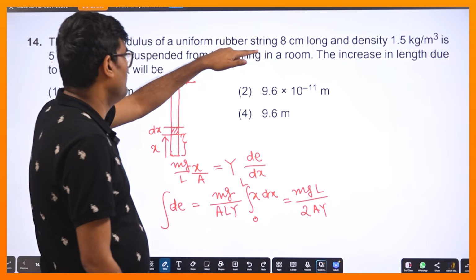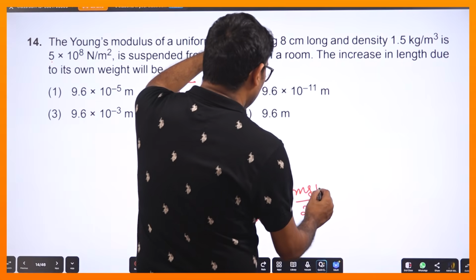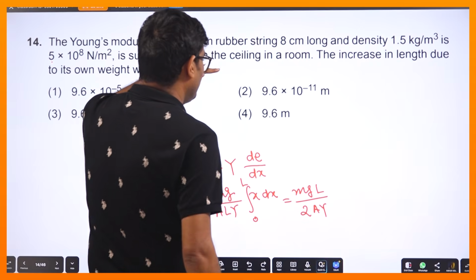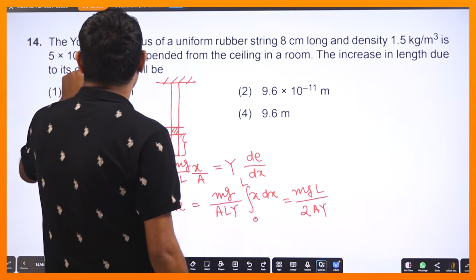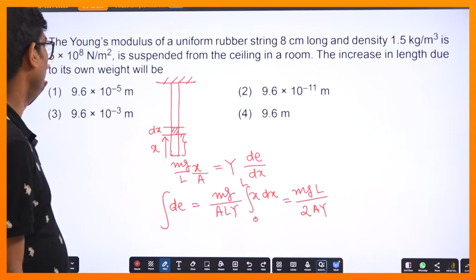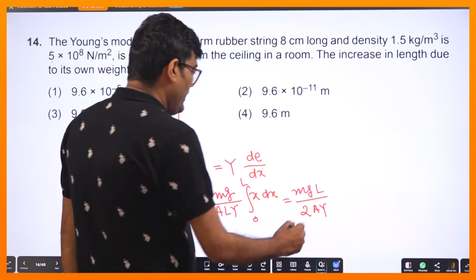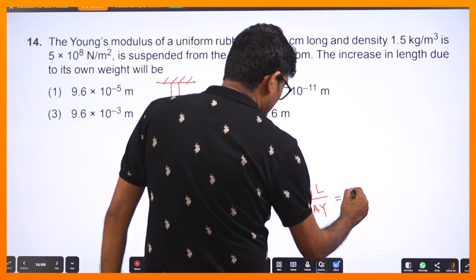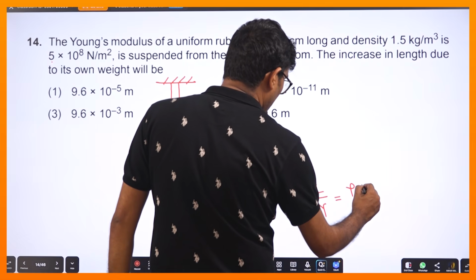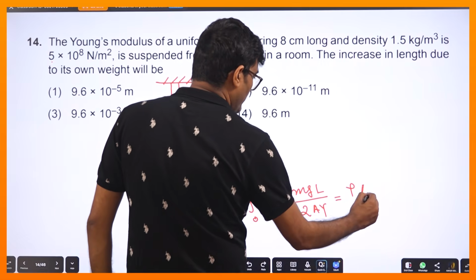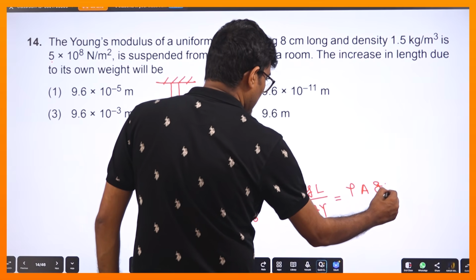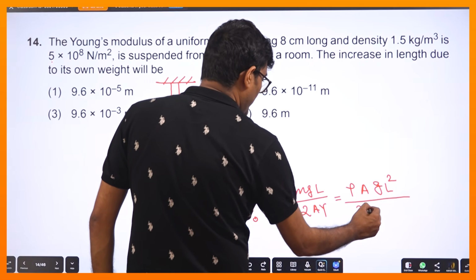Young's modulus of a string 8 centimeter long, the length is given, right? Length is 8 centimeter, density is given, right? Density is kg per meter cube. So if I want to write mass as density multiplied by area into L, look, density into area into L, there is another L here, divided by 2AY.